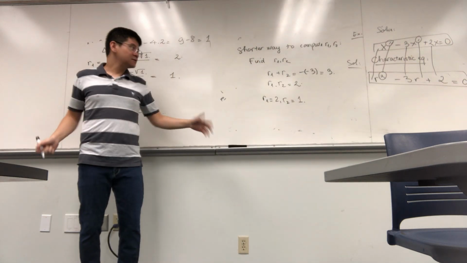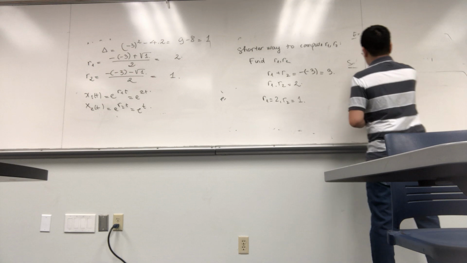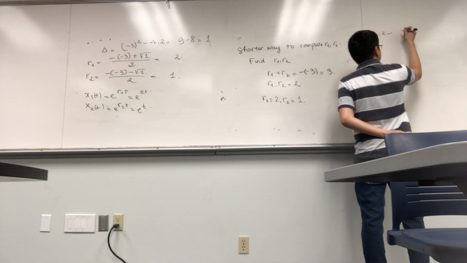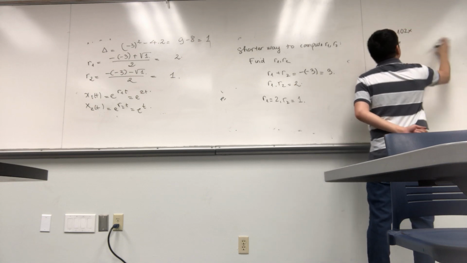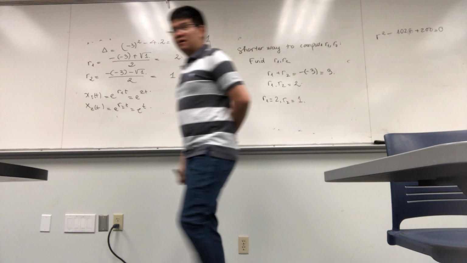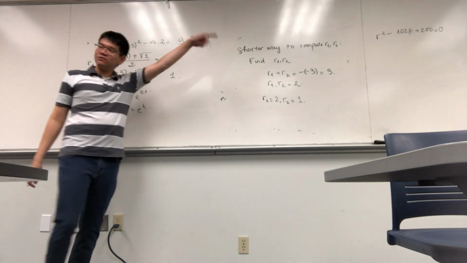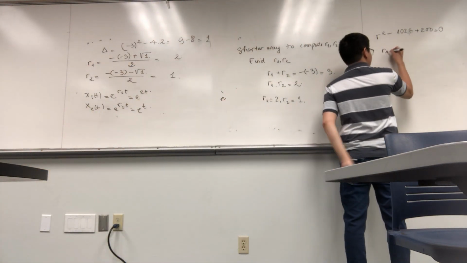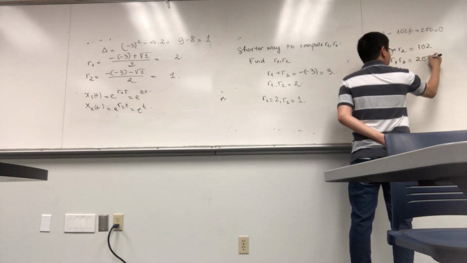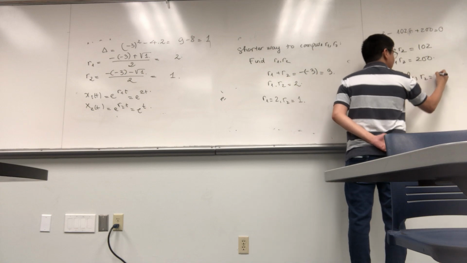Another example: if I want to solve the equation r squared minus 102r plus 200, I find two constants R1 and R2 such that R1 plus R2 is 102 and the product is 200. So the first one is 2 and the second one is 100.